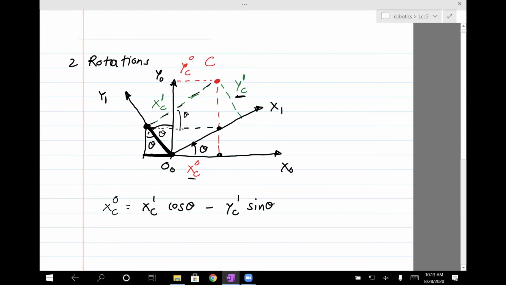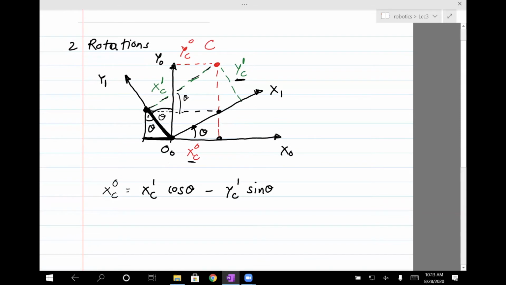Okay. So this gives me a formula for xc0. We can do a similar thing for yc0. Essentially, you're finding this distance, the vertical distance.